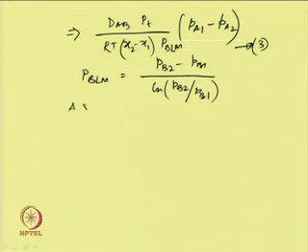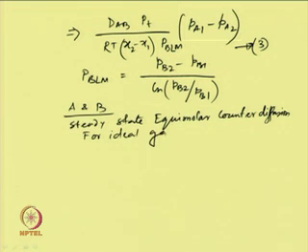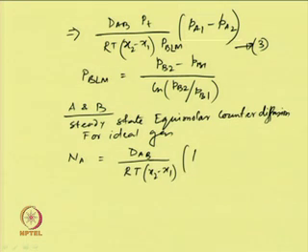If between components A and B the diffusion is steady state equimolar counter diffusion, in this case, for an ideal gas, we have seen Na, the flux, is equal to dAB by RT (x2 minus x1) into the partial pressure difference PA1 minus PA2.